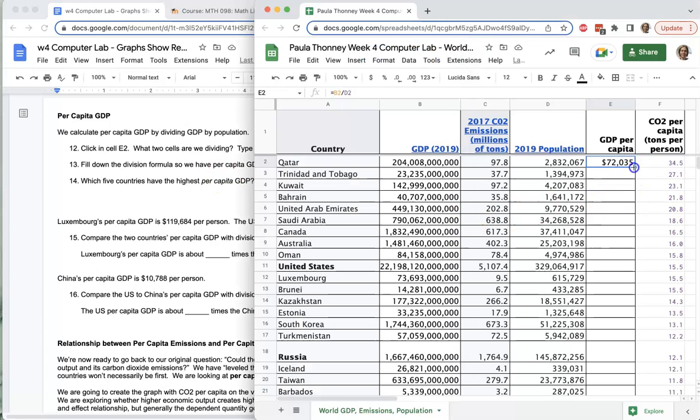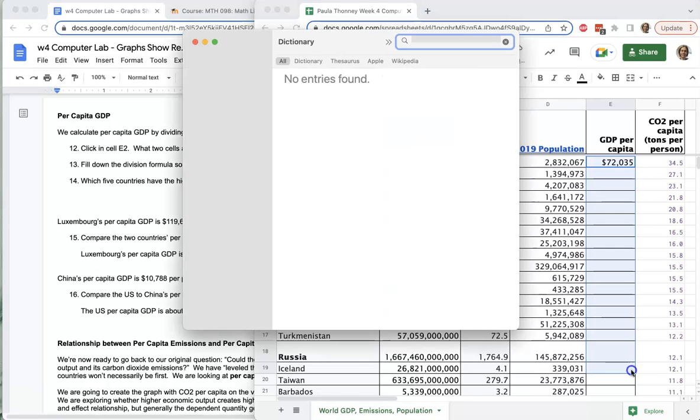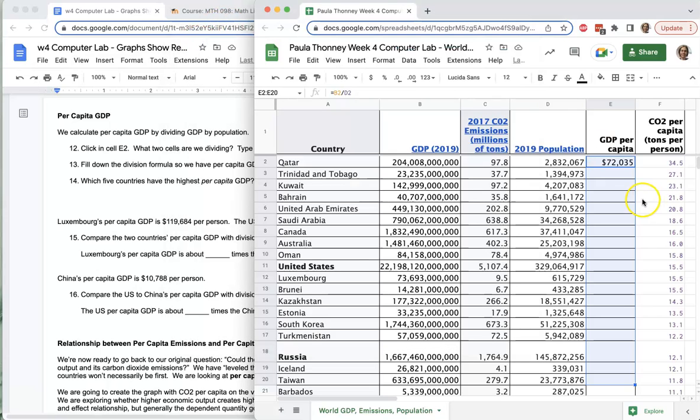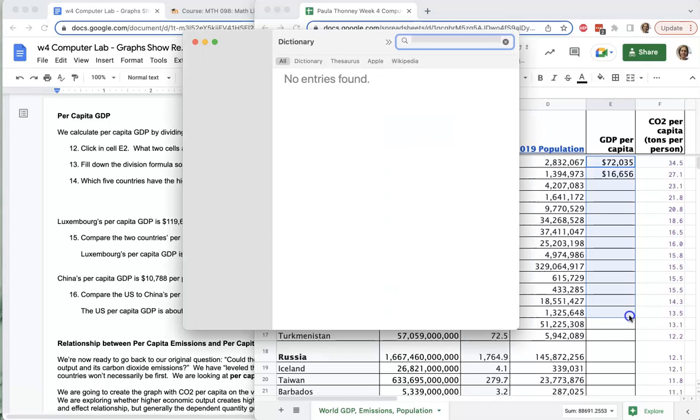So hover here and click again. Click, release, hover until you get the black plus, pull down. I think my computer did something funny. Try again. Hover, click, and pull. Nope.